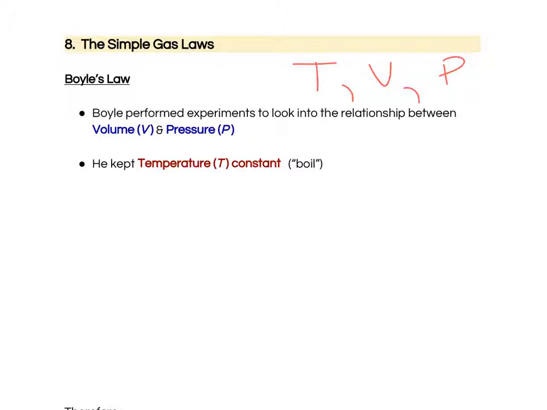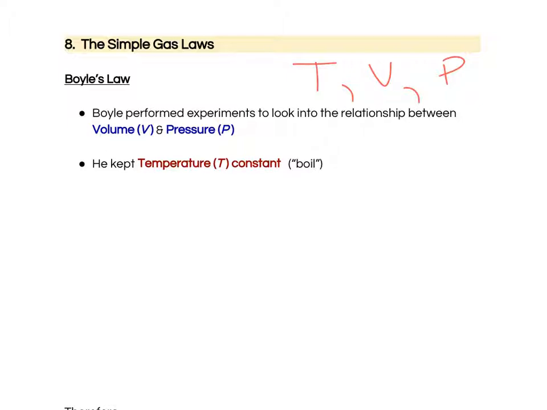So, like for instance, in this first law, which is Boyle's law, Boyle performed experiments to look at the relationship between volume and pressure. And so we've learned in science that if we want to see if there's a relationship between two variables, we can't be changing any other variable. We want to control the circumstances.